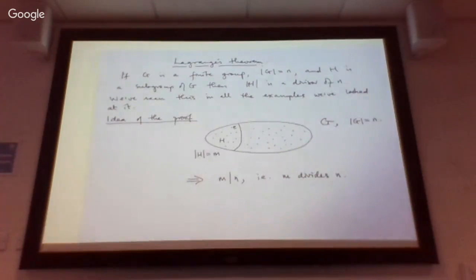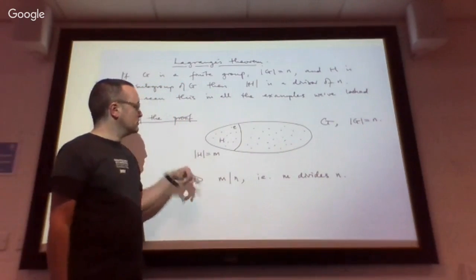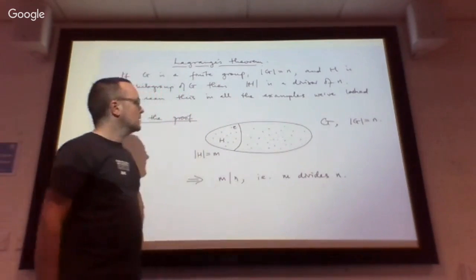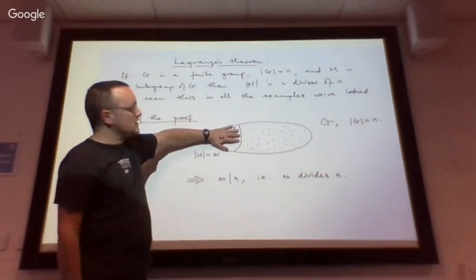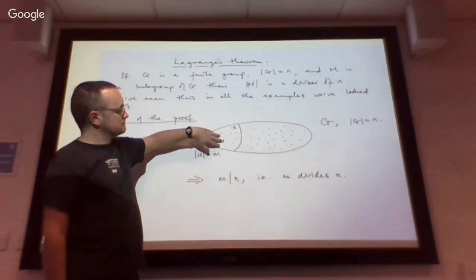Well, the basic idea of the proof: how on earth can we prove that the number of things in H must divide the number of things in G? We've got one copy of H over here, which splits off some of the elements.